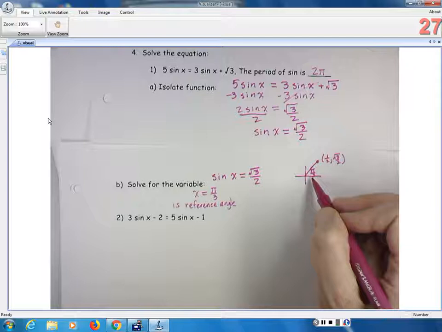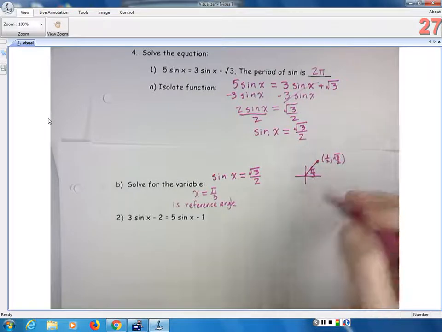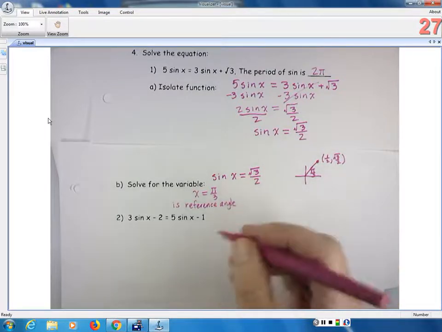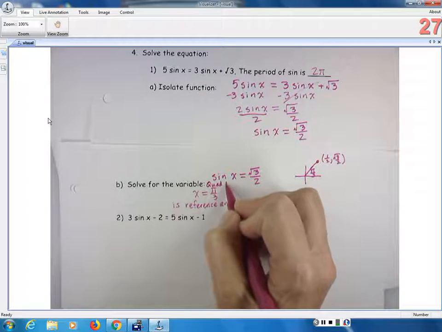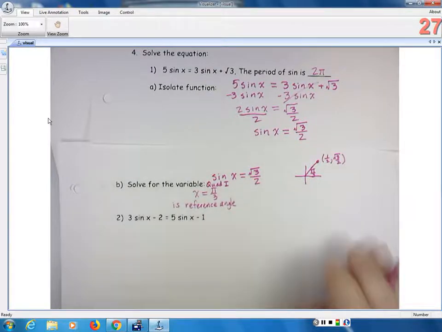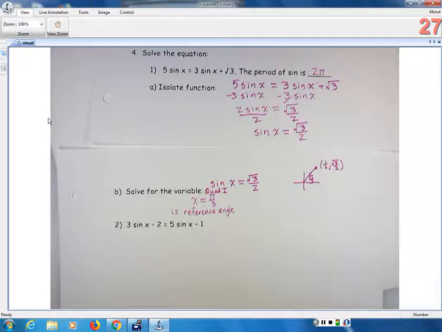And that's for quadrant 1. We have an answer of pi over 3. Sine is positive. It's positive here in quadrants 1 and 2.